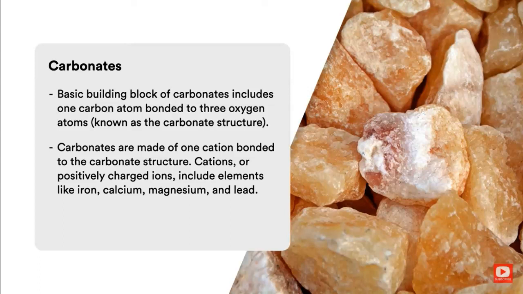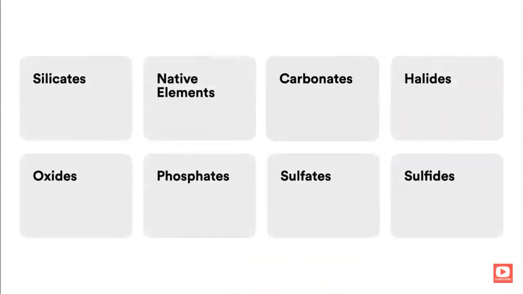You learn more about this in a chemistry class. Elements that are cations include things like iron, calcium, magnesium, and lead. And when you have those cations bonded to the carbonate structure discussed earlier, we end up with a carbonate mineral. The most common example on Earth would be calcite, seen in the image here. So those are our carbonates.